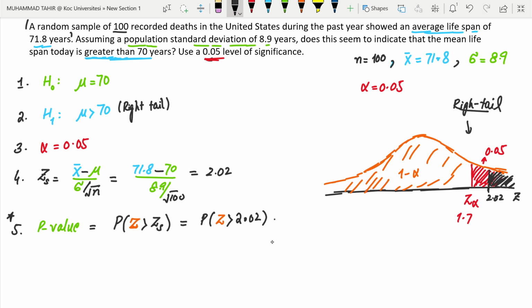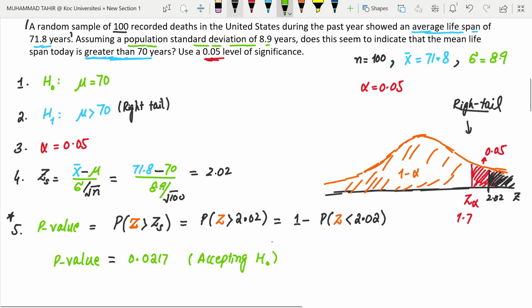And how can you calculate this? You can calculate it with the z table, but first you need to convert it into less than. The p-value you get by doing so is 0.0217. Remember, recall H0, right?